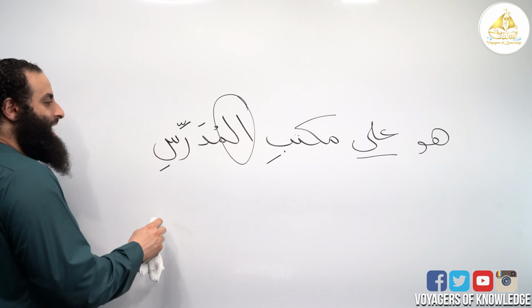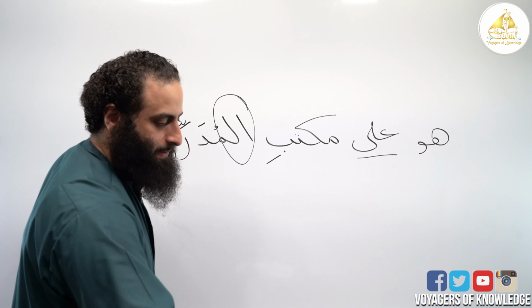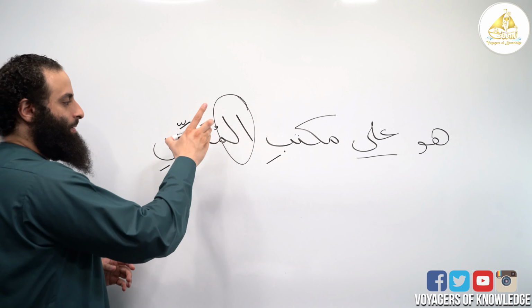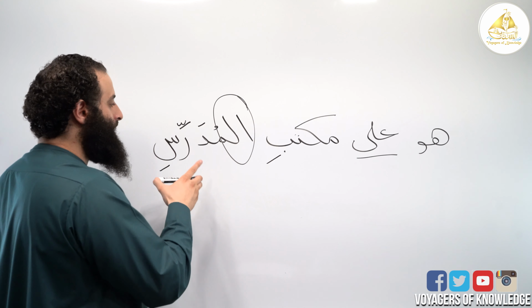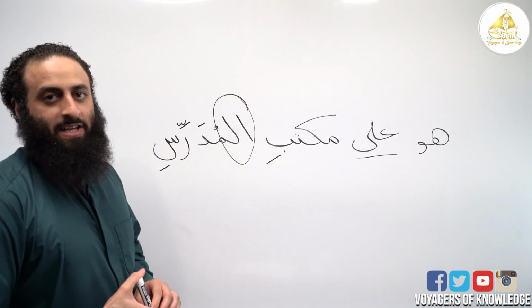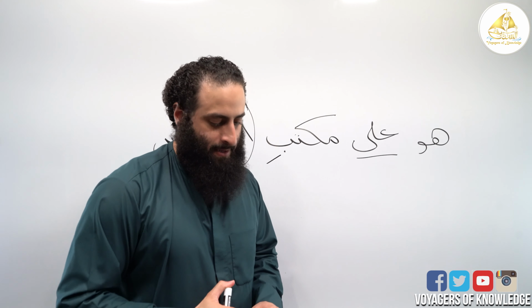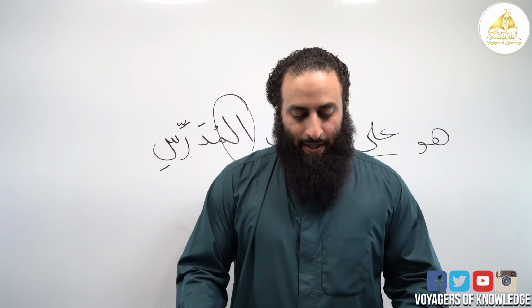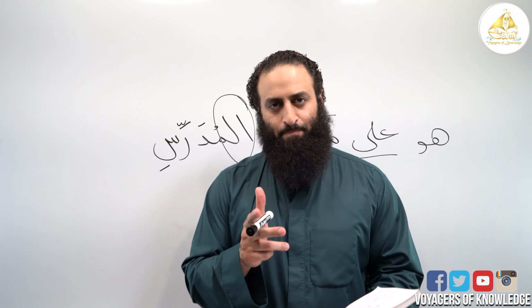That's when you have it with alif and lam, it becomes definite. All right? هو على المكتب هناك. Oh, I'm sorry. هو على مكتب المدرس. It is on the teacher's desk.